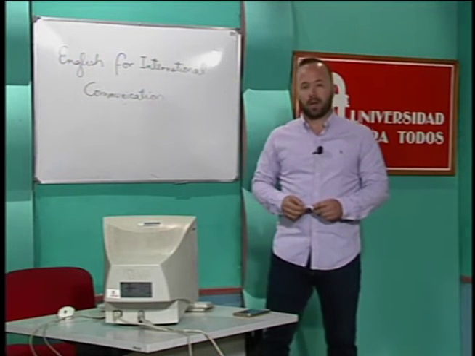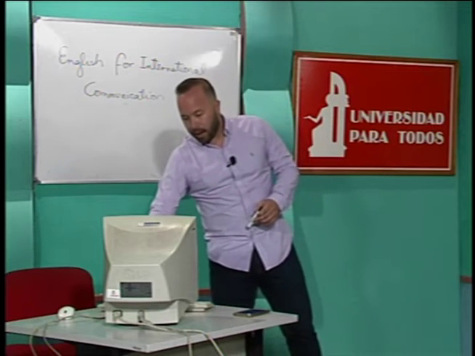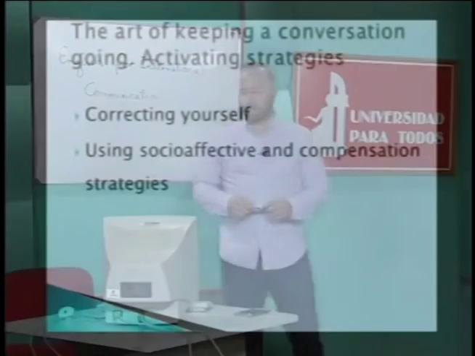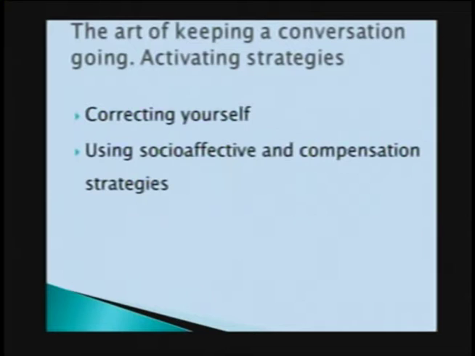Let's take a look at the screen and analyze the slide with information in regards to the main objectives of this lesson. Well, we're going to learn in today's lesson how to correct yourself. What happens when you say something wrong? You didn't want to say that. Now, what do you say? How do you improve that? Maybe it was something that you said and it was very harsh.